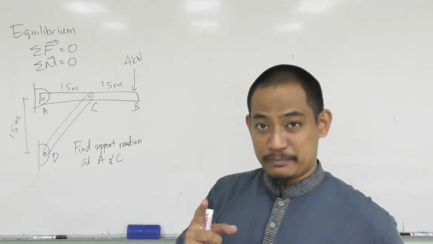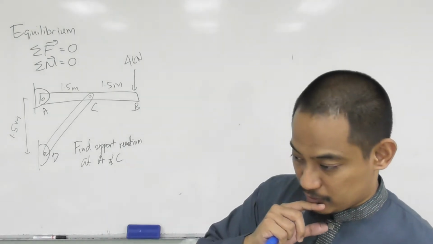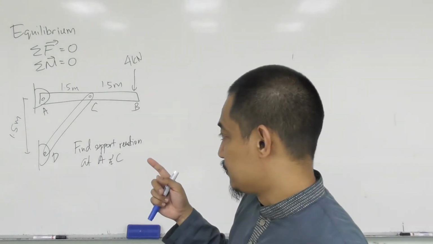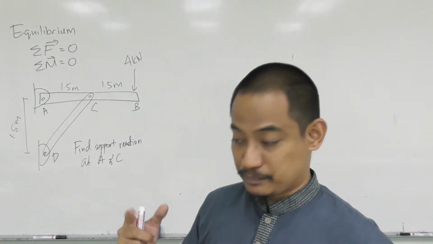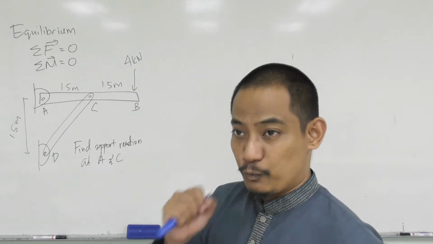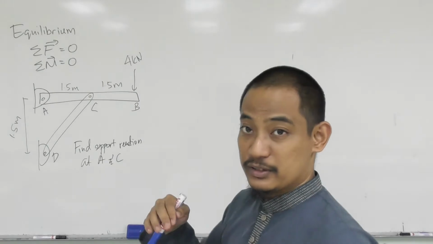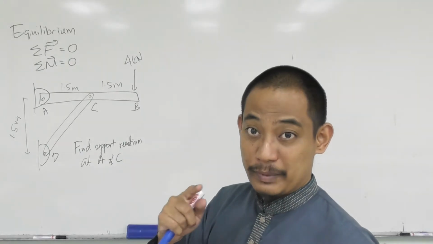Now, what's the first step in answering after you understand the question? The first step is to draw the free body diagram. When you draw the free body diagram, the first question you have to ask at this point is whether there is any two force member.